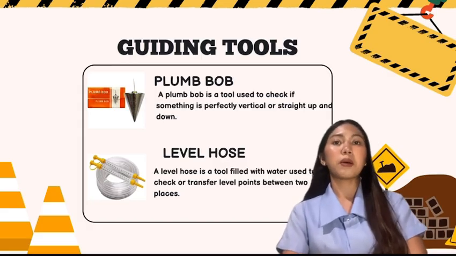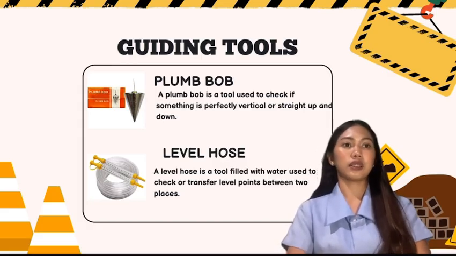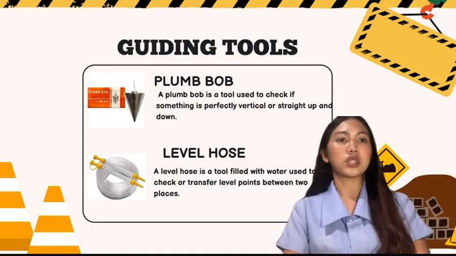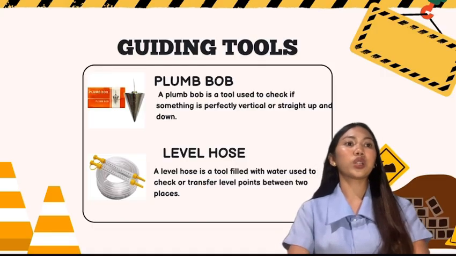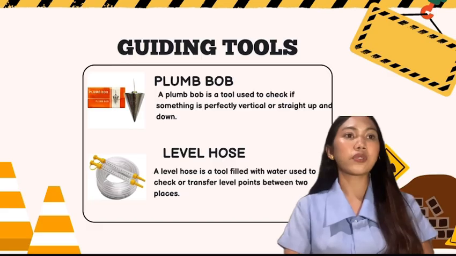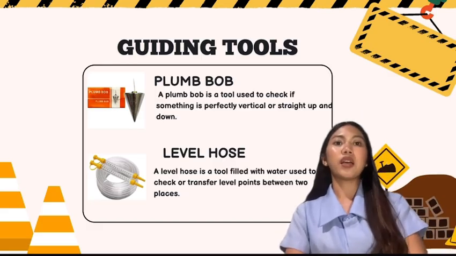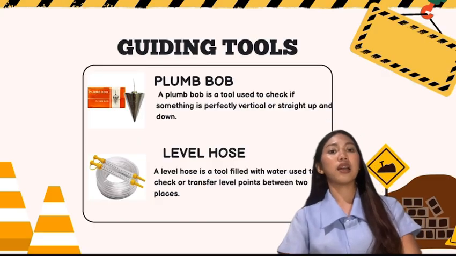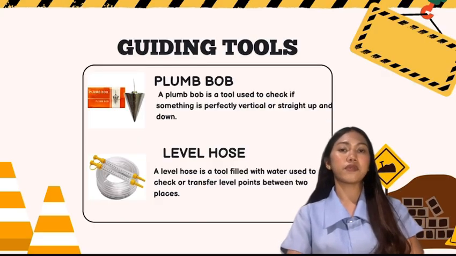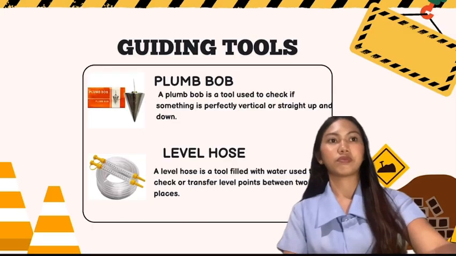So a plumb bob checks vertical alignment. And the level hose is a tool filled with water used to check or transfer level points between two places. So the level hose helps determine a level surface between 2 points.